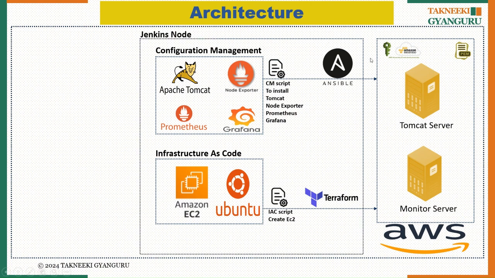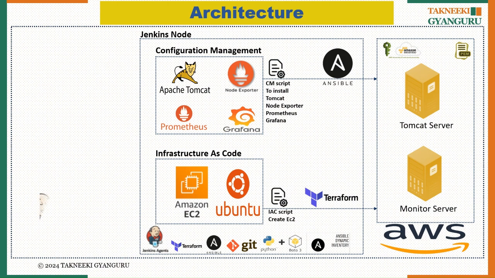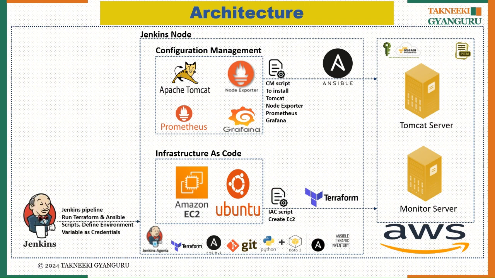This whole section will be inside our Jenkins node. Inside the Jenkins node, we will install Terraform, Ansible, Git, and Python Boto3, which is what Ansible dynamic inventory actually needs. So this node will be configured, and then we will go to Jenkins, and Jenkins will create a pipeline.